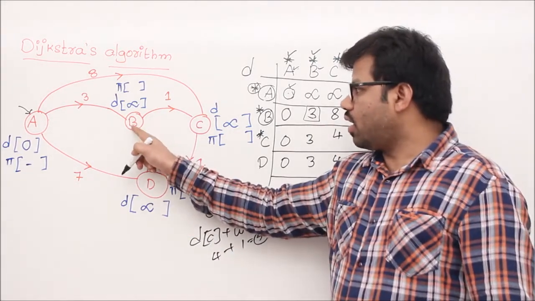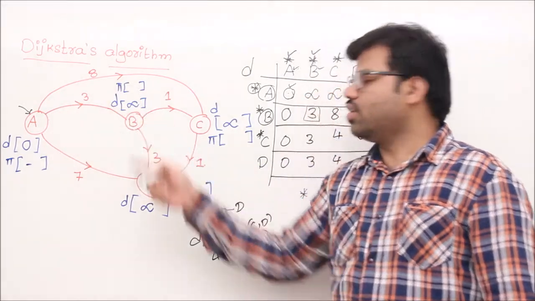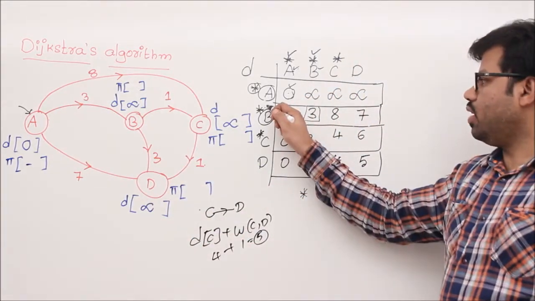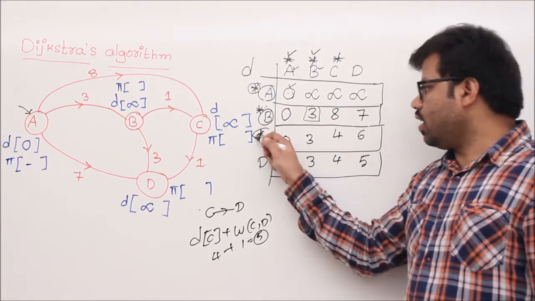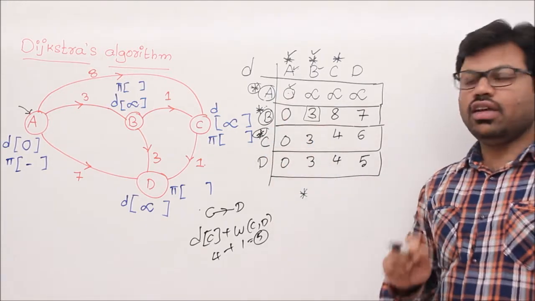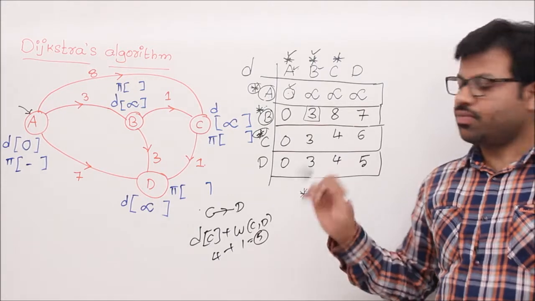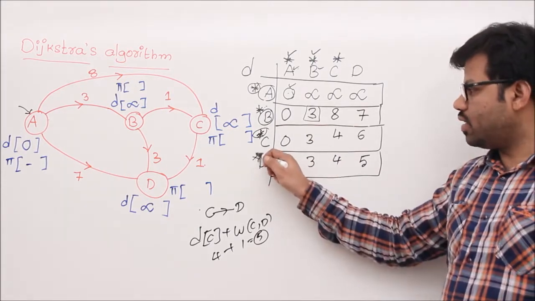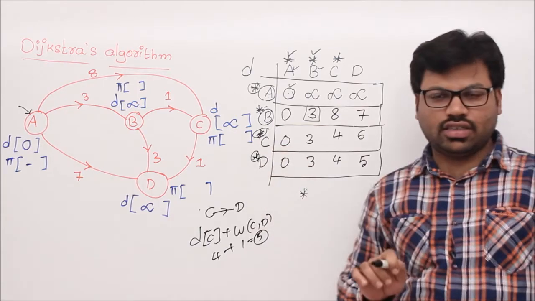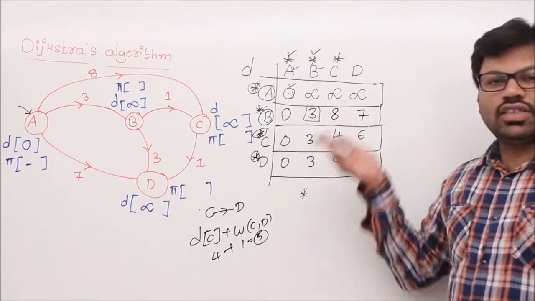See, what is the shortest distance of B? 3, right? So that's fine. B's shortest value it got when it is fixed. And after that we fix C, but by that time definitely C will get the shortest distance. Now after that you are going to fix D. By that time D is also going to get the shortest distance, but everyone got the shortest distance.